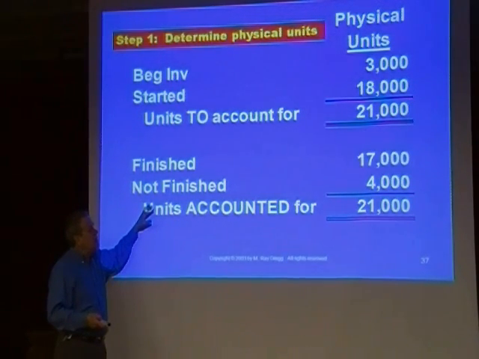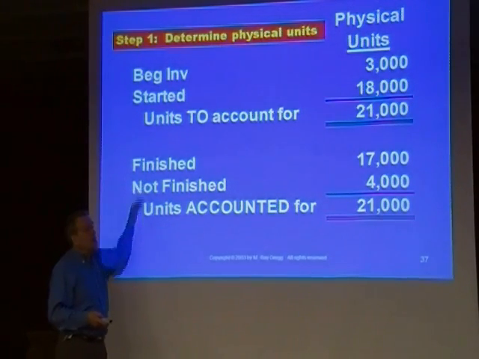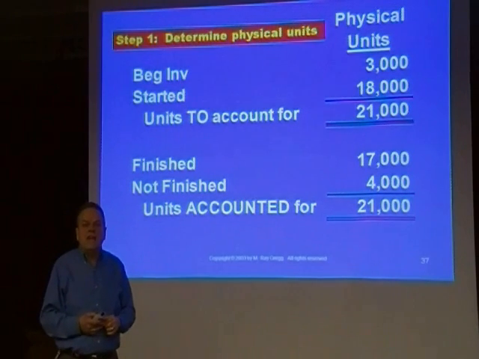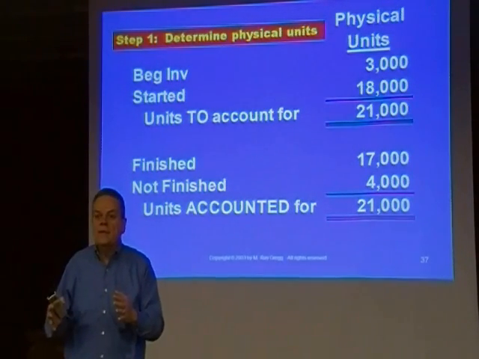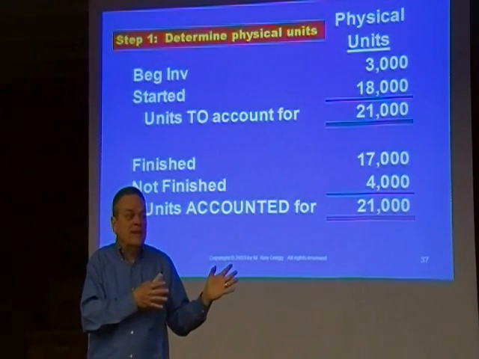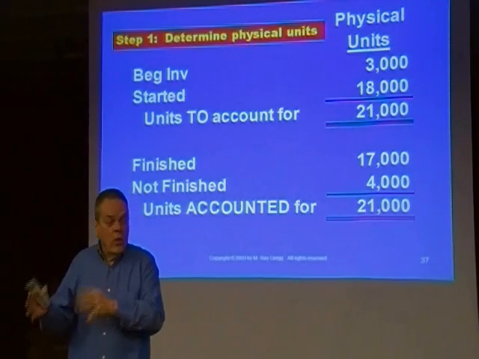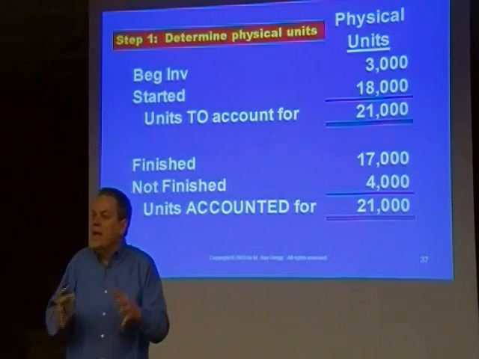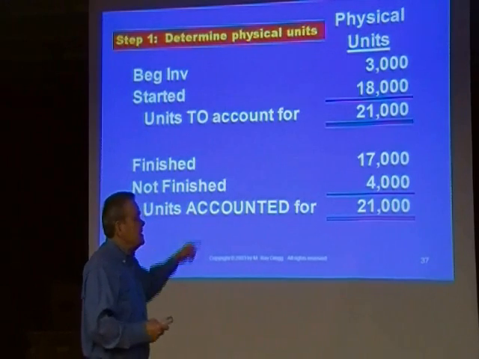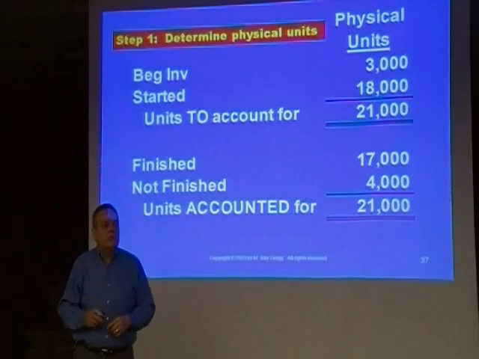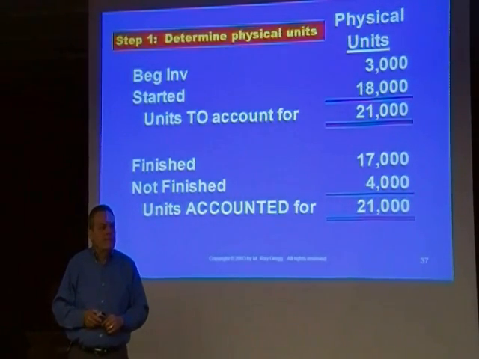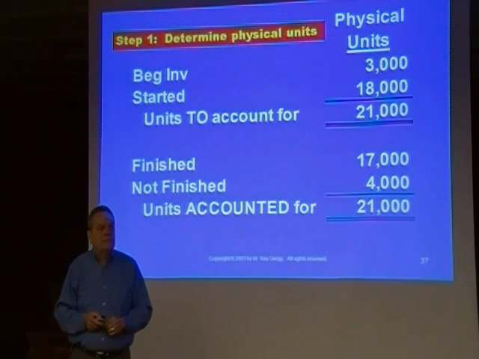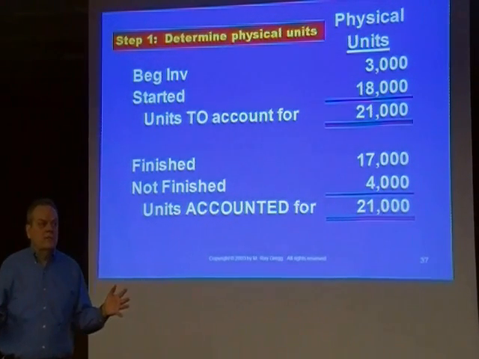If we know this much, then we must be able to determine that 17,000 units must have come in and gone out this month. We started working on, worked hard enough to have completed and transferred out 17,000 units of materials. If you're with me right this minute, say yes. Yes. That's step one. This is physical units.